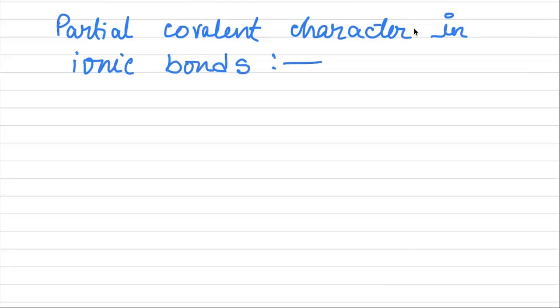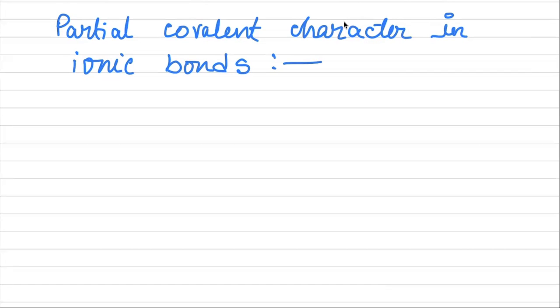See, ionic bond and covalent bond are actually two extreme types of bonds.